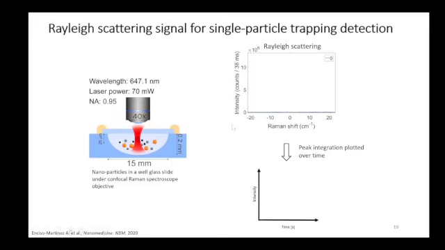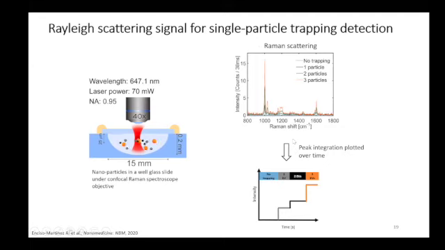Every time a particle enters the focal spot, the Rayleigh scattering has a rapid increase. A second particle enters and you see another rapid increase, and so on. If we integrate the signal and plot it over time, we get what we call a time trace, which has a stepwise trend. Every step is a moment when a particle enters the focal spot. So we can see the moment when we have one particle in the focal spot, two particles, and so on.